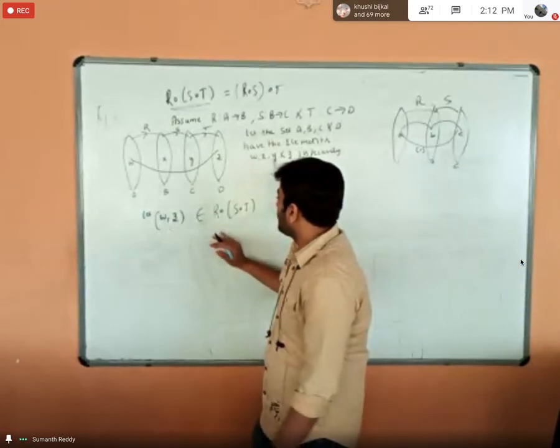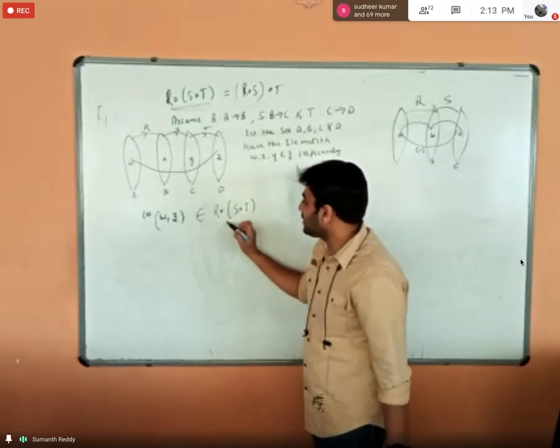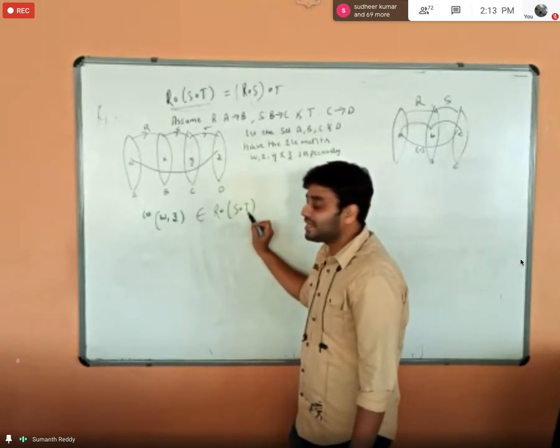So this is the definition of composition of relation, right? When you are splitting, R is one part and S composition of T is another part.